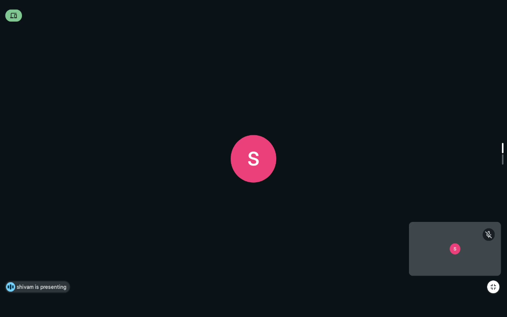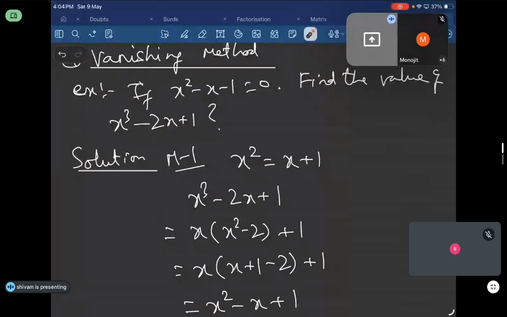Means the whole polynomial x cube minus 2x plus 1 should be converted in the form of x square minus x minus 1. But I would suggest that will take a lot of time, a lot of thinking, a lot of analysis in order to understand what you have to replace it with. So instead of that, I keep on replacing by x square. This is a better version of vanishing method.